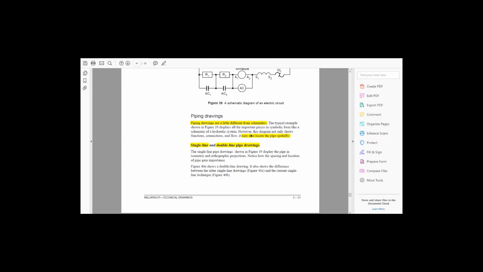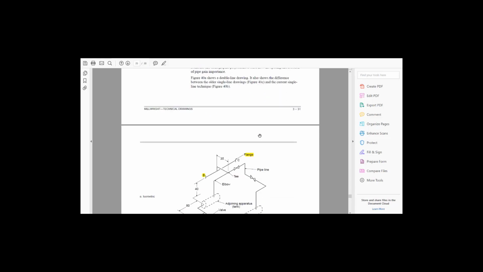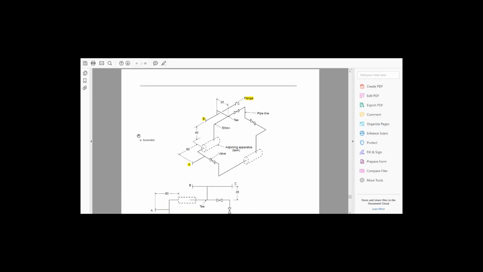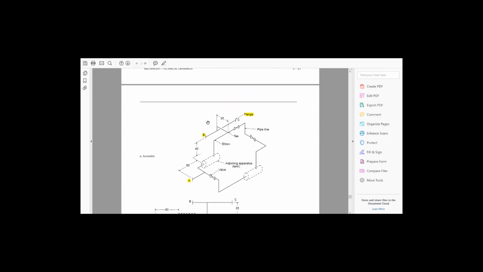Pipe drawings are slightly different from schematics because they may be located spatially. Spatially means it's basically an isometric representation of the piping throughout the plant or throughout the machine. There are 2 ways to draw piping lines, either single line or double line pipe diagram.